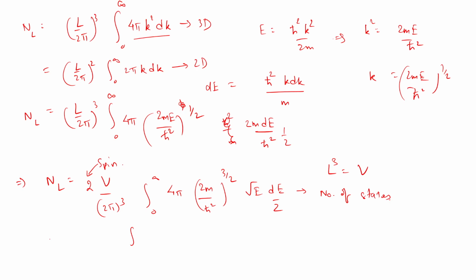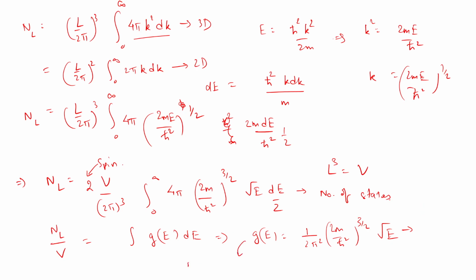If we write this as n by V equal to G of E dE, then on comparing, what we get is G of E equal to, on simplifying, 1 over 2 pi square, 2m over h bar square to the power 3/2, square root of E. Okay, so this is the density of states, the number of states per unit volume from energy E to E plus dE.